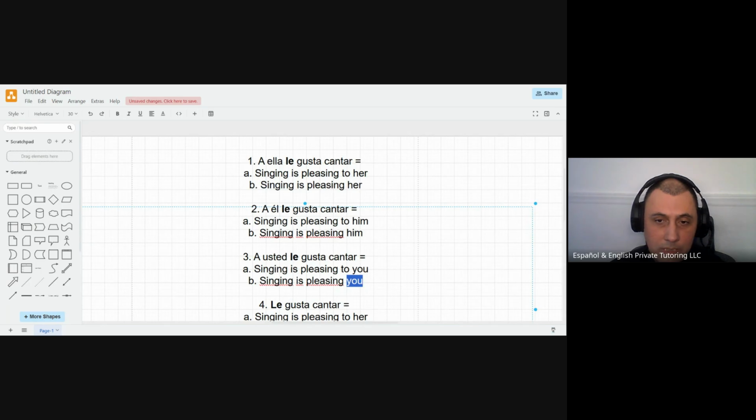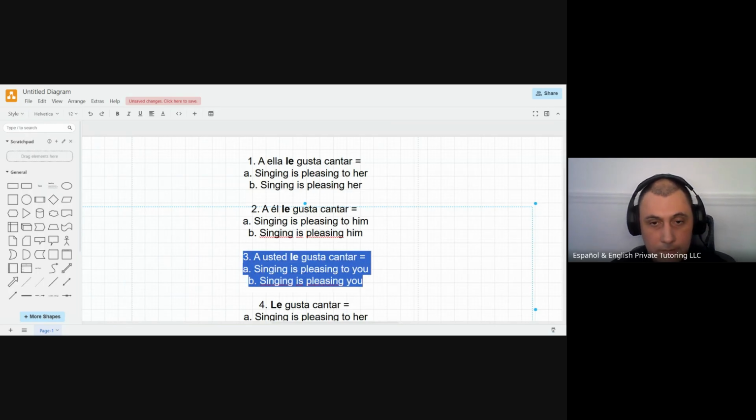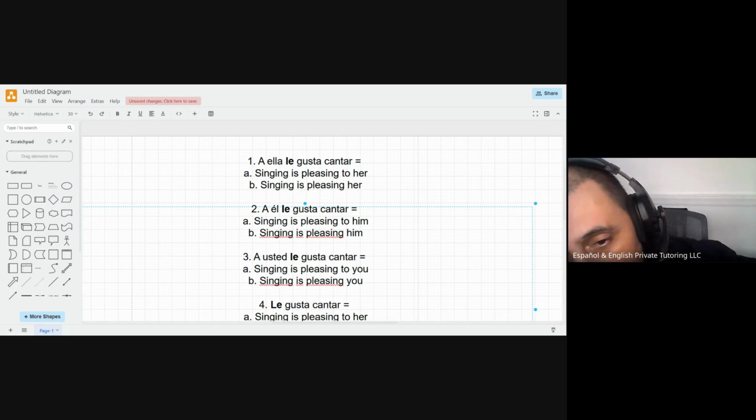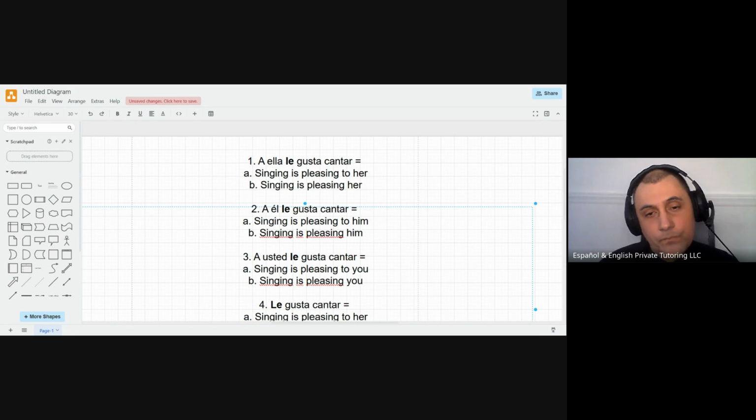It can also translate as it in English. Now, with the verb gustar, it doesn't make sense to have an object with something, so I'm going to leave it like that. But in some cases, it can translate as it. So le in Spanish can translate into 4 different ways.